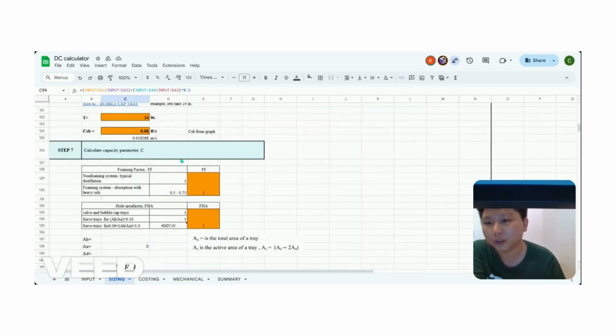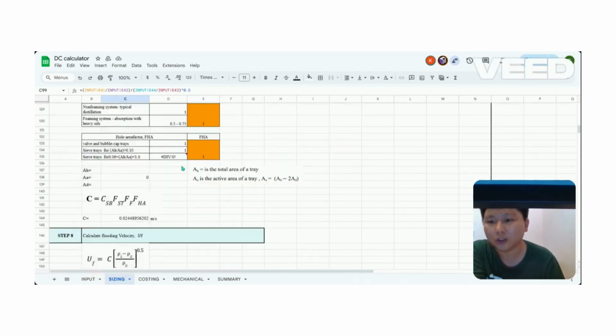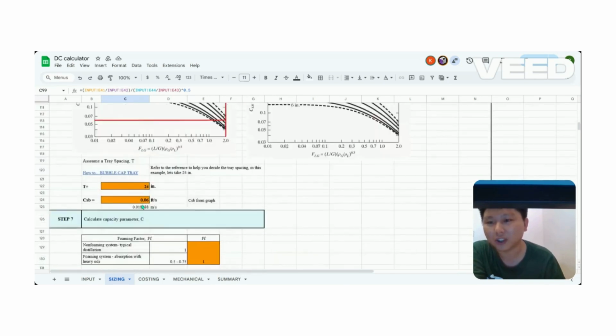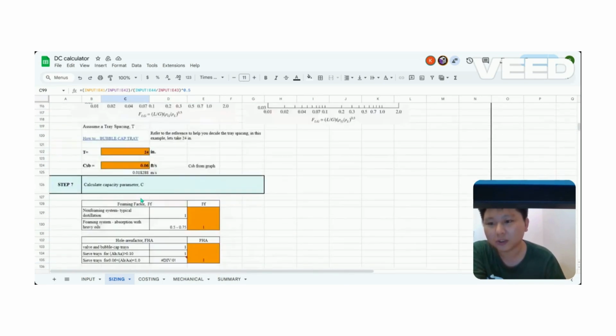Then next we'll proceed with the capacity parameter. According to the formula, the capacity parameter is the CSB multiplied by the FST multiplied by the FF and also FHA. We already have the CSB just now in step 6, and we also have the FST in step 4.